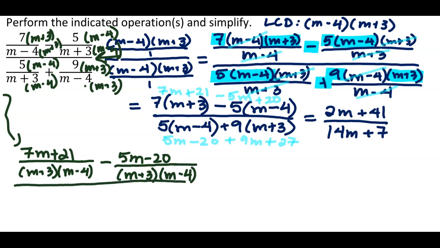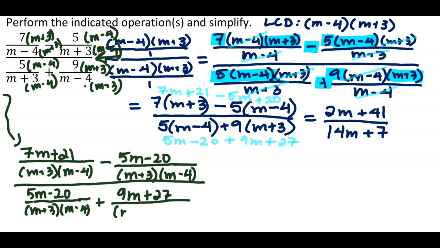And then on the bottom, I have a 5m minus 20 over m plus 3, m minus 4, and last, a 9m plus 27 over that same LCD.